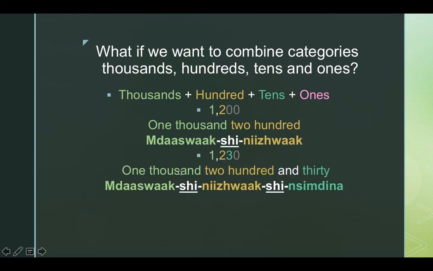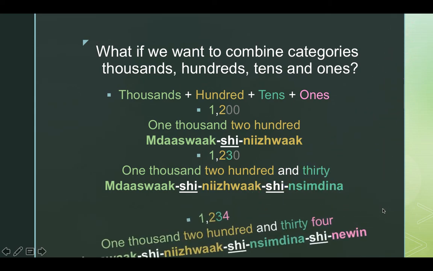1,230. Again, 1,230, all color coded. So we got Ndaaswak, Shinijwak, Shinsimdina. Moving on here.